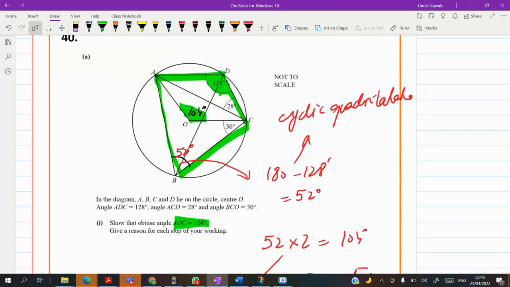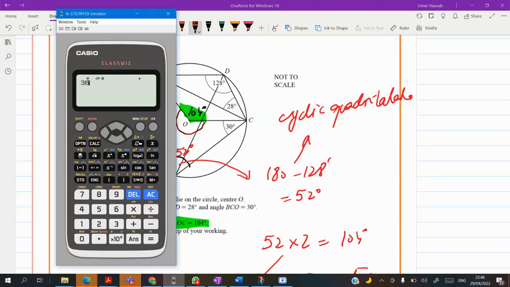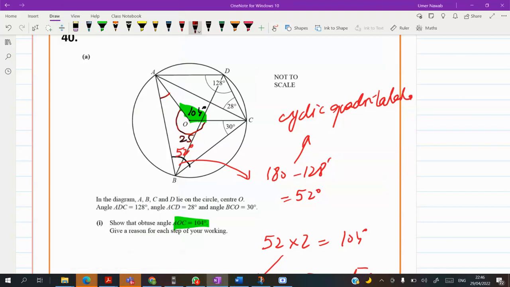BAO. Which one do we want to find? BAO, this angle. I can easily find it because I know this angle, 104. 360 minus 104 gives us 256, the reflex angle. Now, since it is just a quadrilateral, I'm not saying cyclic quadrilateral, the sum of all the angles in a quadrilateral is 360 degrees.